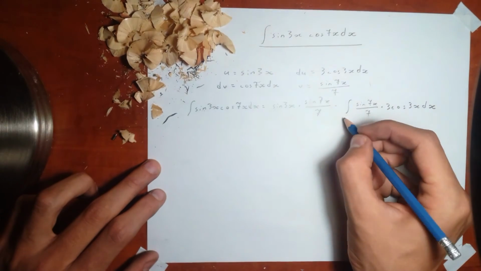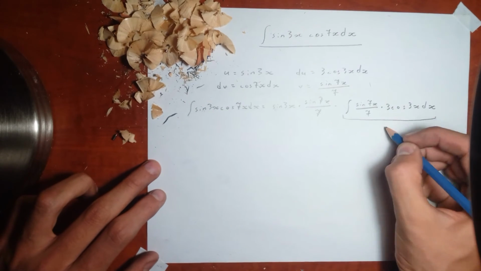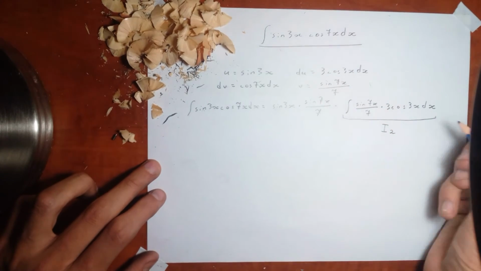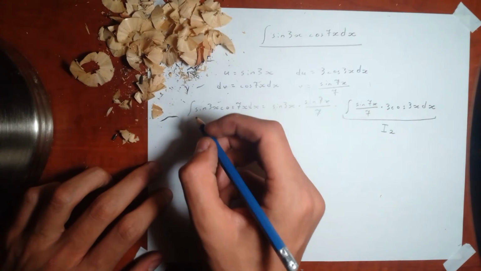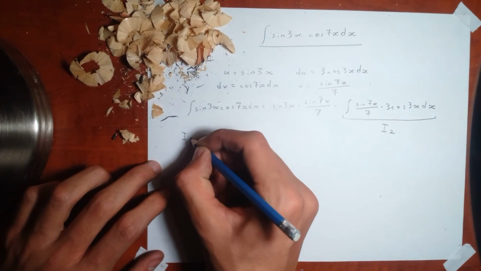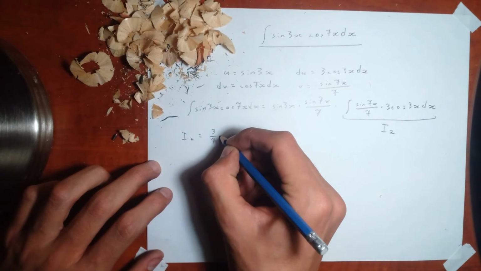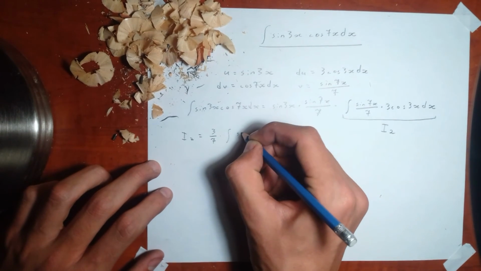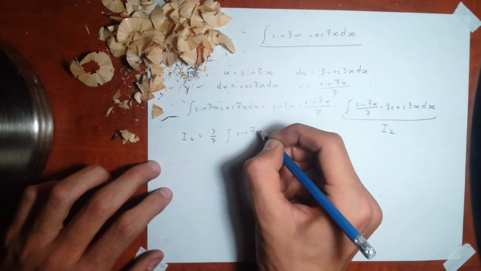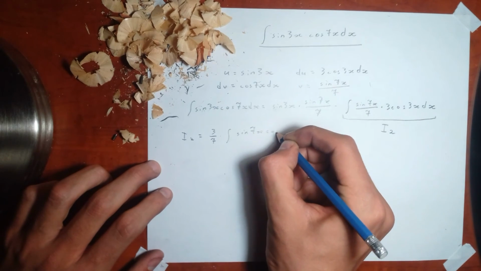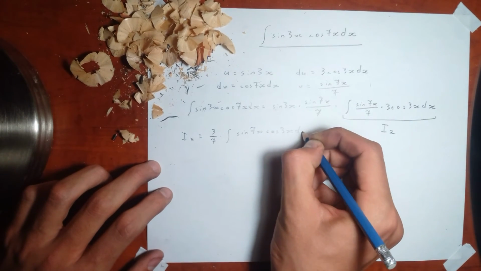We will now call this I2. When we rearrange, we can find that I2 equals 3 over 7 times the integral of sine 7x cosine 3x dx.